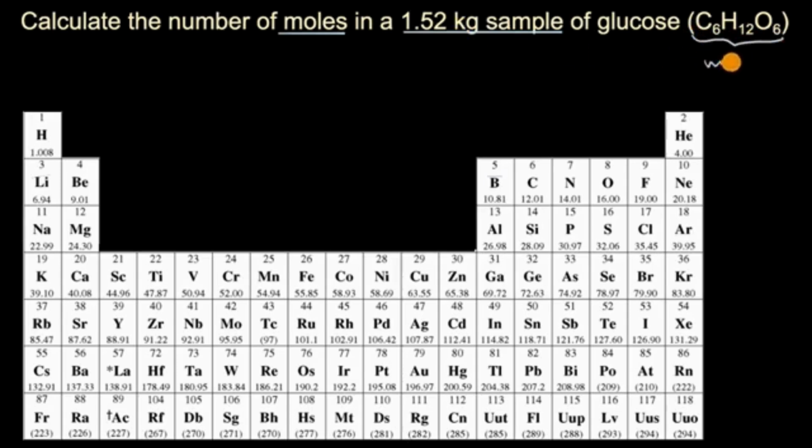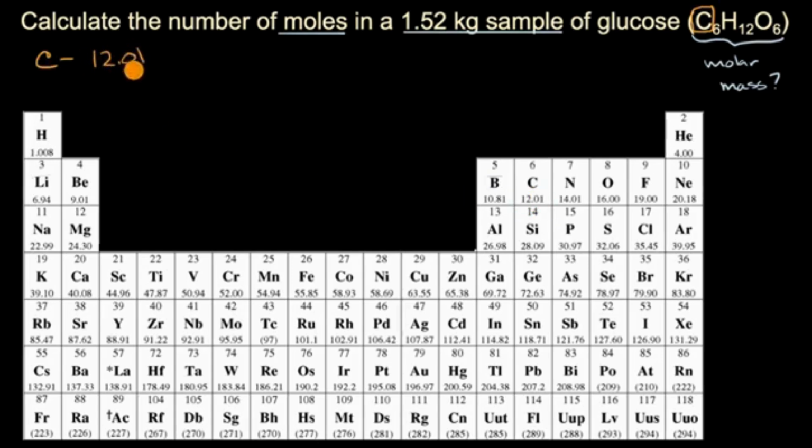So what is the molar mass of glucose? Well, to figure that out, and that's why this periodic table of elements is useful, we just have to figure out the molar mass of the constituent elements. So if we first look at carbon, we see from this periodic table that it has a molar mass of 12.01 grams per mole.